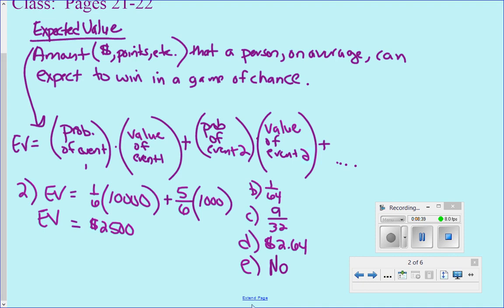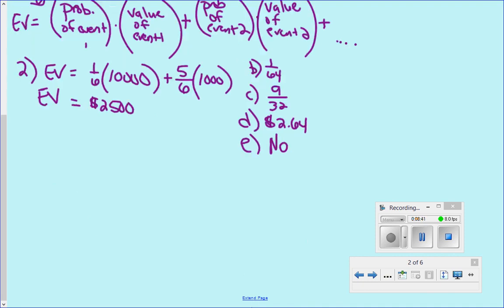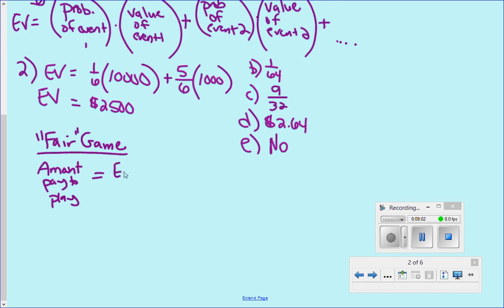Then lastly, we did talk about one other topic, and that is what is considered a fair game. A fair game is when the amount you pay to play equals the expected value.